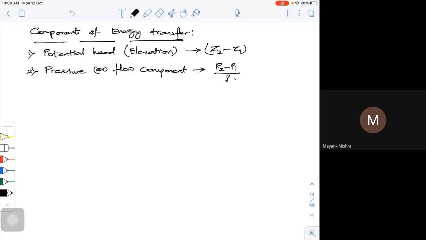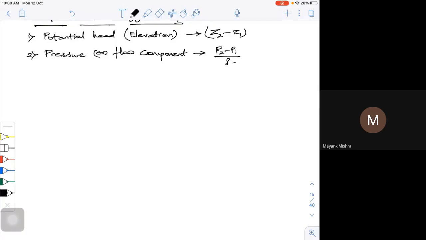Then the third one is the enthalpy component, the change in enthalpy, delta H. I can write either H2 minus H1 or H1 minus H2, depending on whether it is a turbine or a compressor.